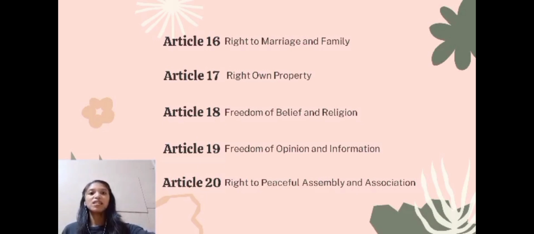Article 17. Right to own property. So this means that property rights define the theoretical and legal ownership of resources and how they can be used. These resources can be both tangible or intangible and can be owned by individuals, businesses, and governments. Article 18. Freedom of belief and religion.